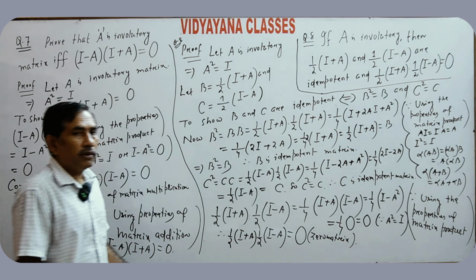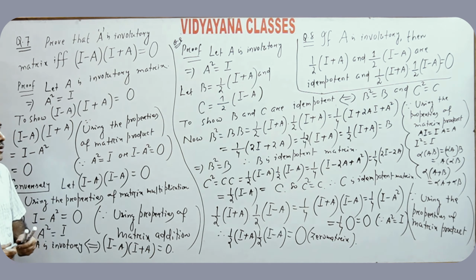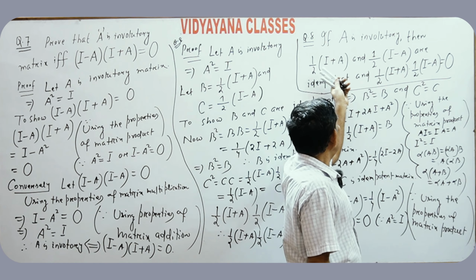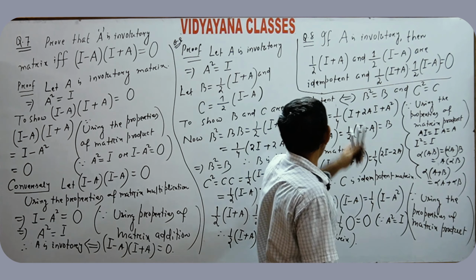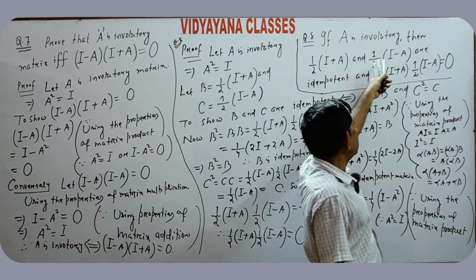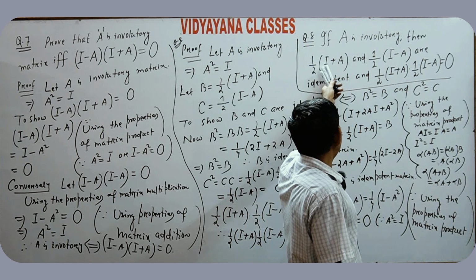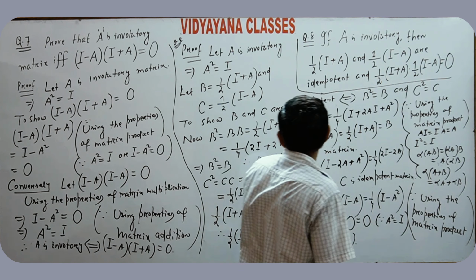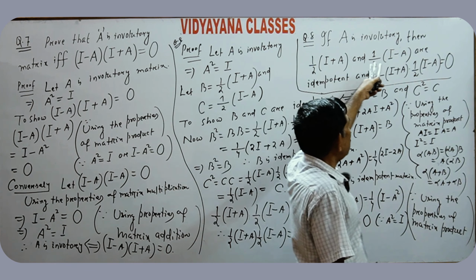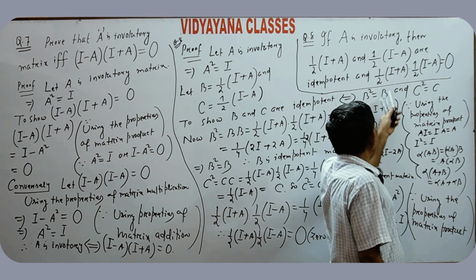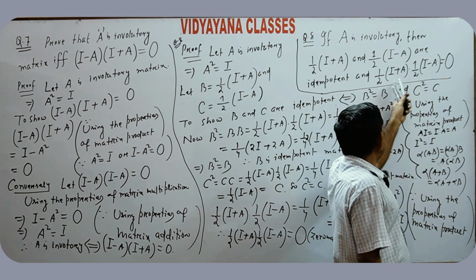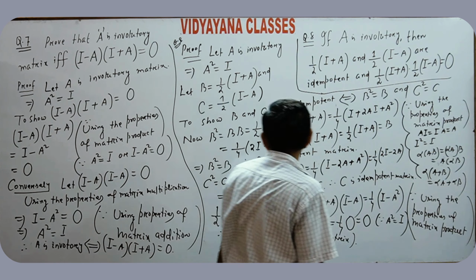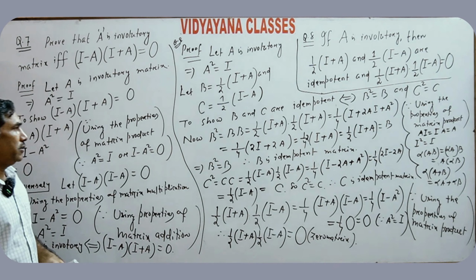Therefore, the given statement is proved. If A is involutory, then this and this are idempotent. That means it is taken as B, it is taken as C. Since B square is equal to B and C square is equal to C, this and this are idempotent, and using the properties of matrix multiplication, it gives the zero matrix. Hence, the statement is proved.